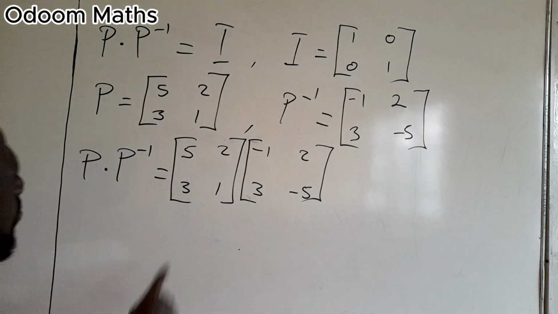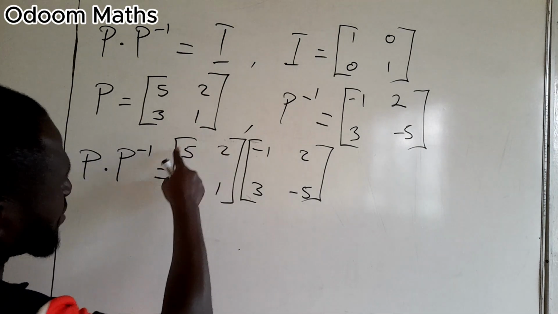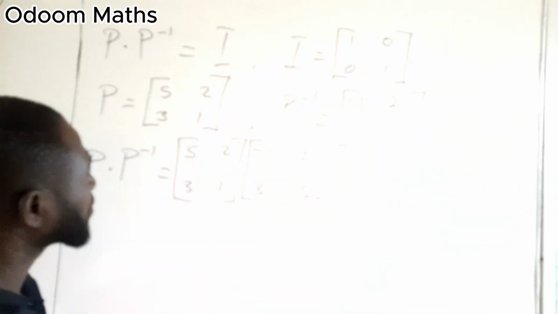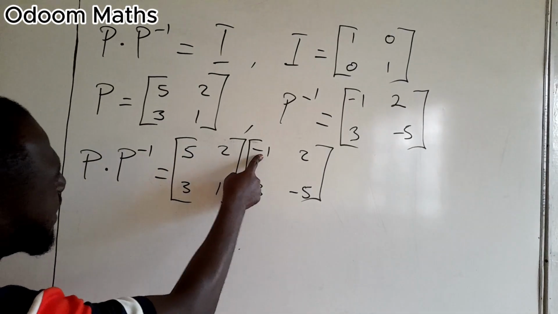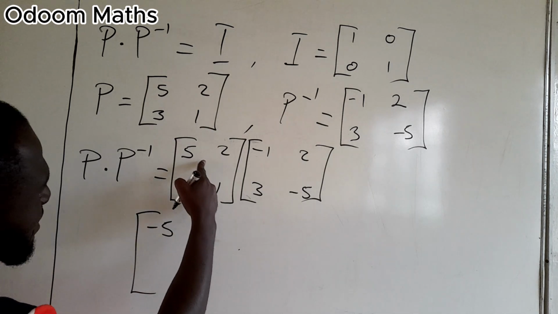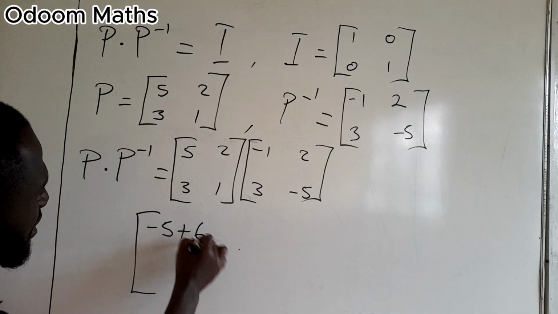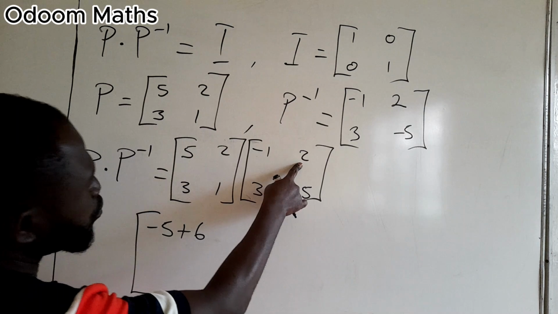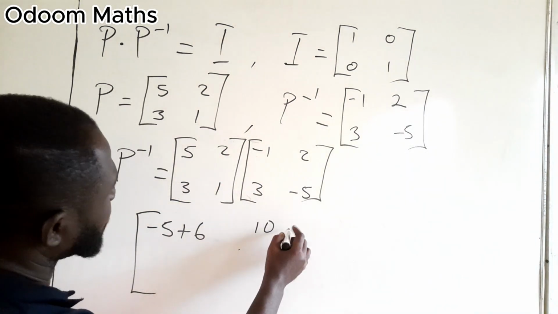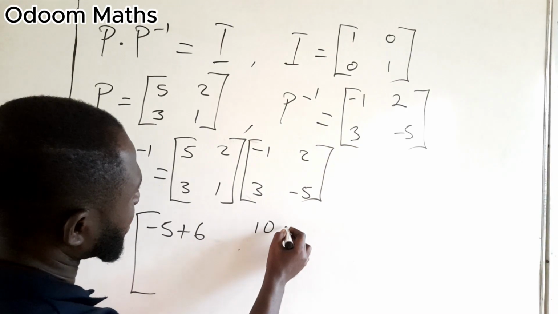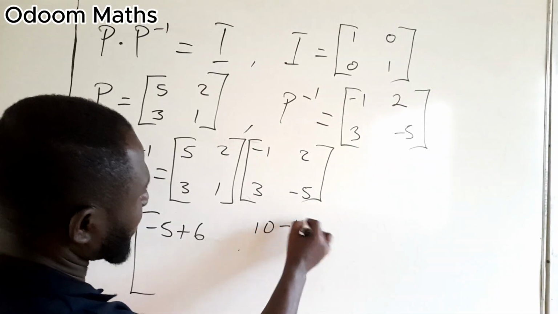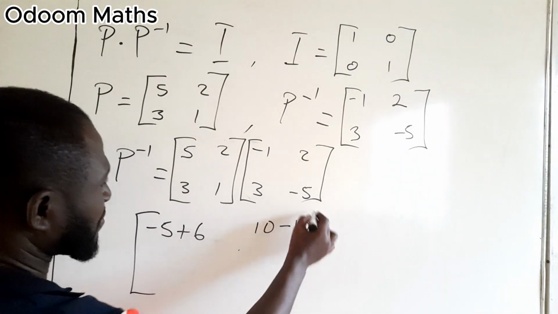Now, the first row of the first matrix should multiply the first column of the second matrix, in that order. Now, 5 times negative 1 is going to give us negative 5, plus 2 times 3, so 6. Then 5 times 2, 10, plus 2 times negative 5, which is negative 10, so 10 minus 10.